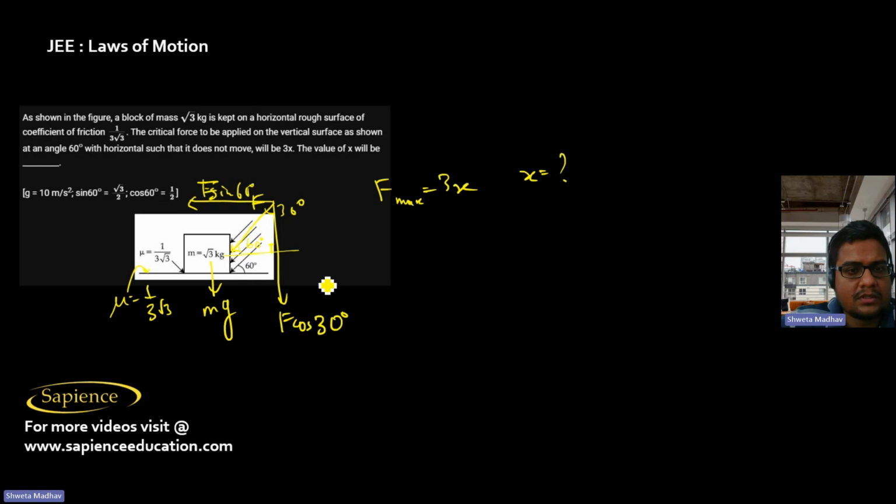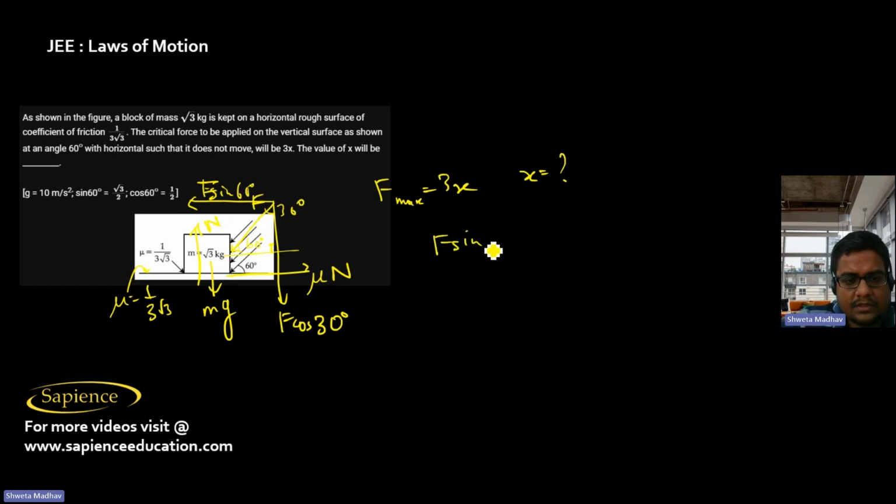Now since the block is in equilibrium, the frictional force will act here, mu n. Here normal force will also act. Mu n will act towards the right, since F sine 60 is acting towards the left.